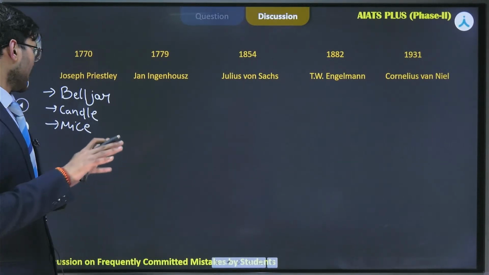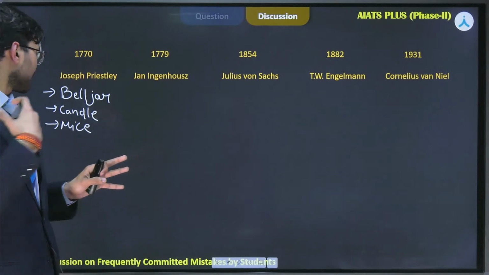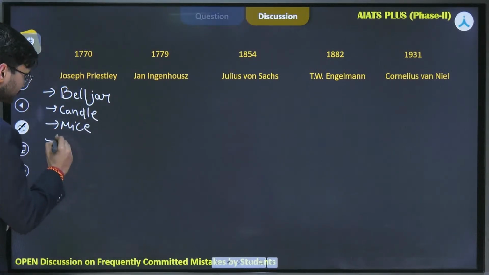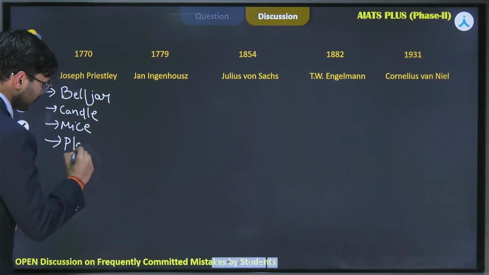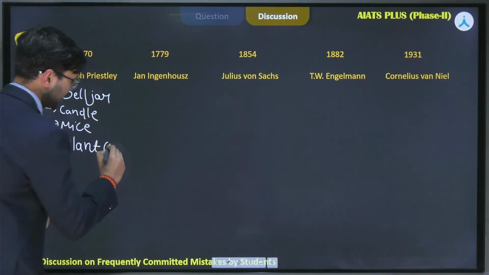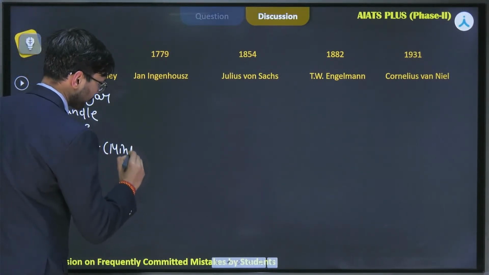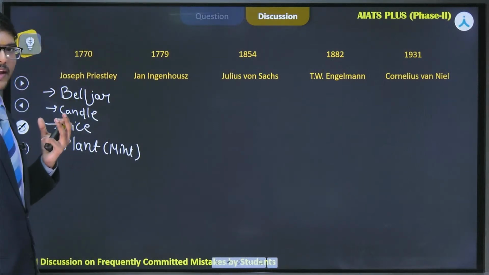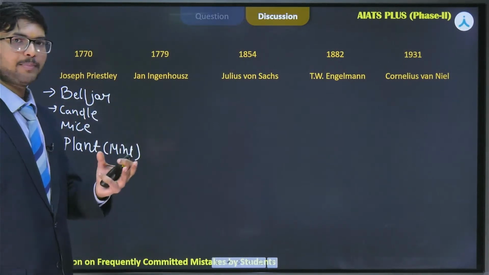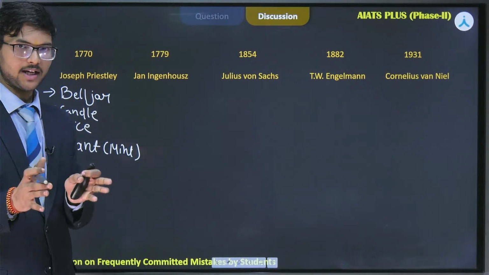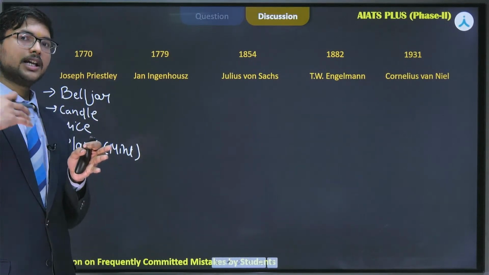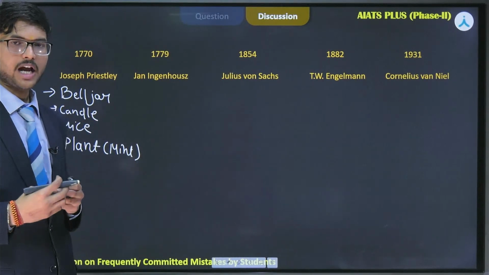And then he introduced a plant. That plant was a mint plant. When he put the mint plant and the candle in the same jar, he found that the candle was not extinguished after a certain while.